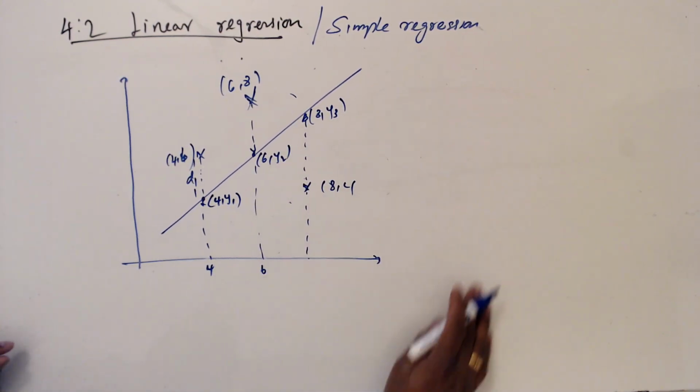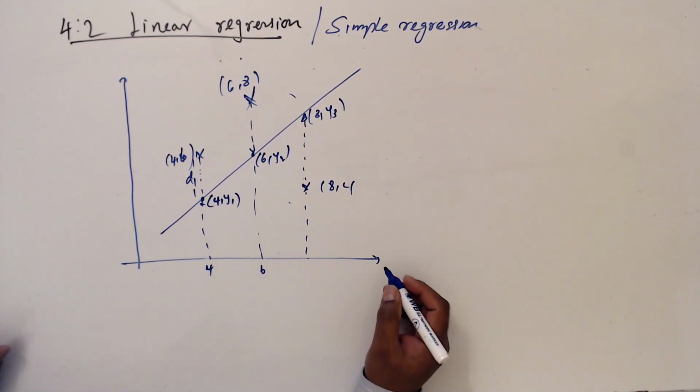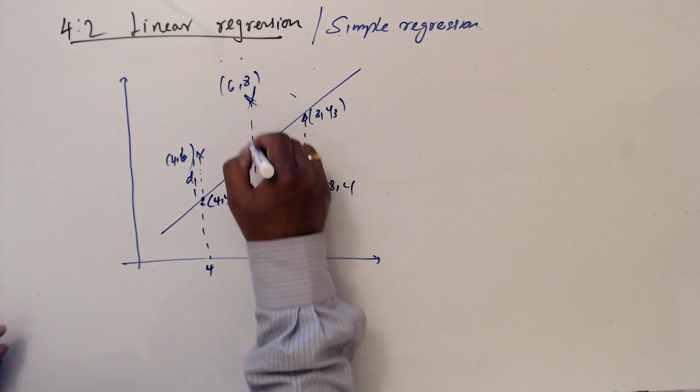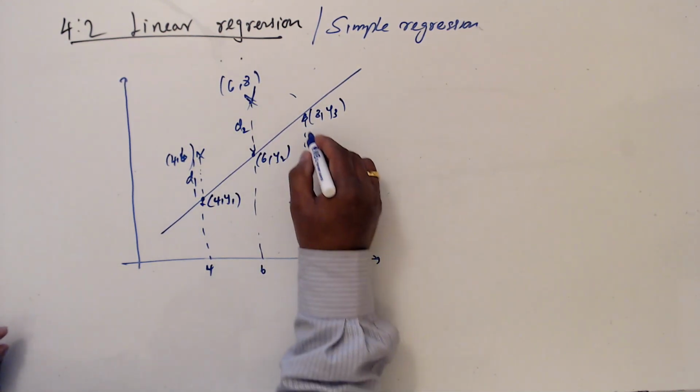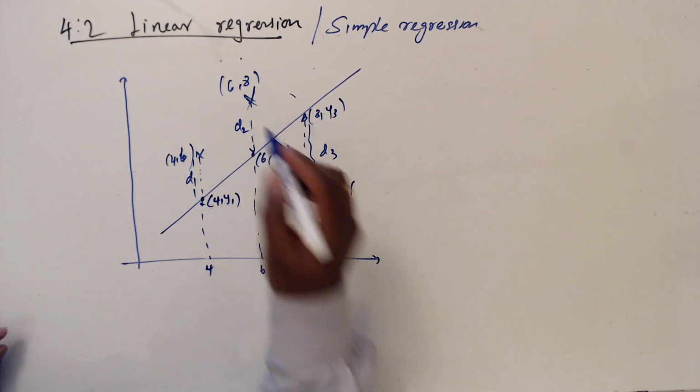I will stay with those 3 points at present. This distance I will take as d2, and this distance as d3.